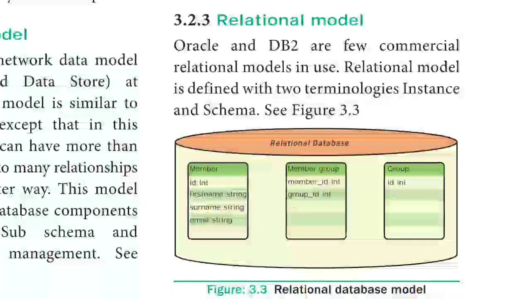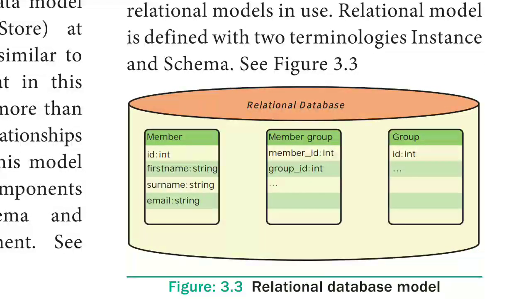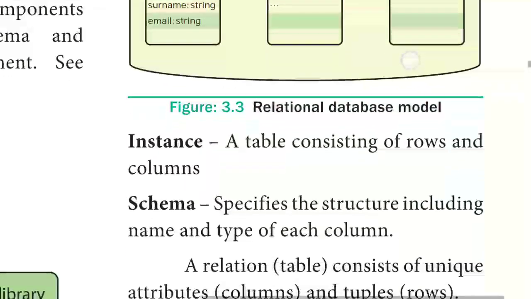This diagram provides a detailed description of the instance. An instance is a table consisting of rows and columns. Schema specifies the structure, including the name and type of each column.